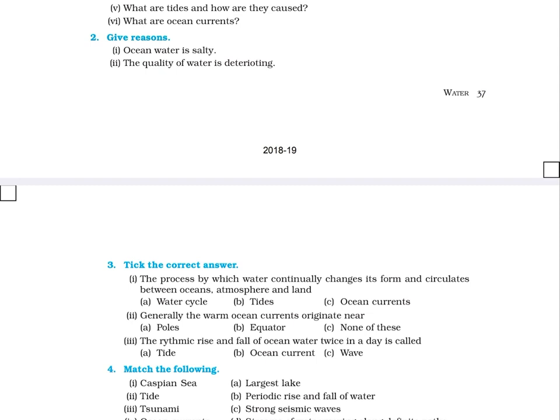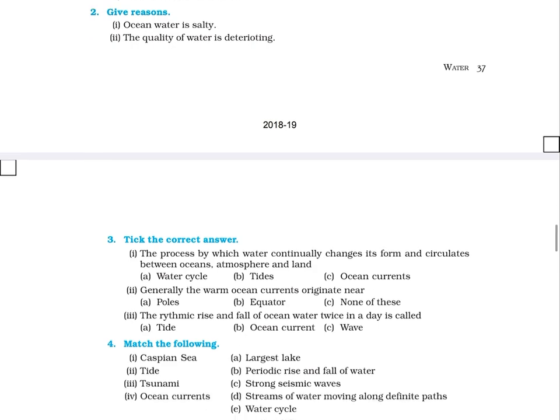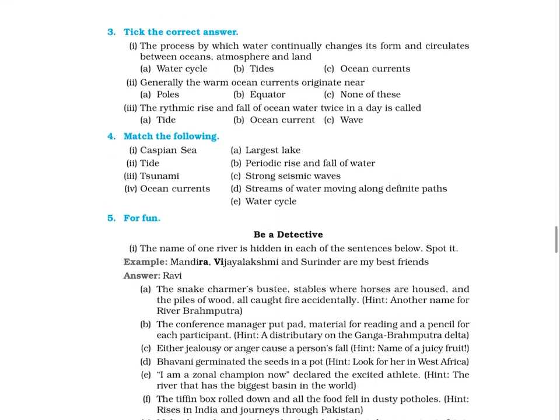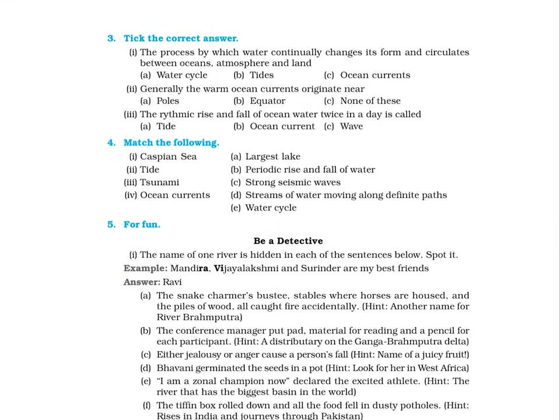Page 38. 3. Tick the correct answer. Part 1. The process by which water continually changes its form and circulates between oceans, atmosphere and land. A. Water cycle. B. Tides. C. Ocean currents. Part 2.